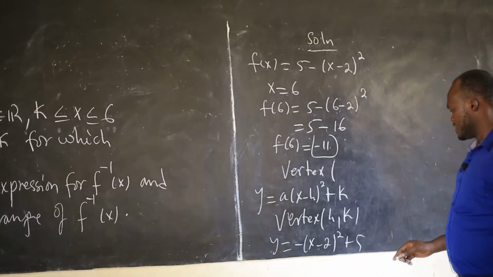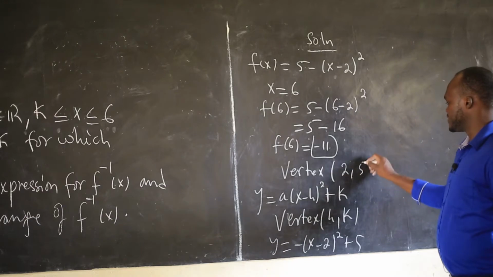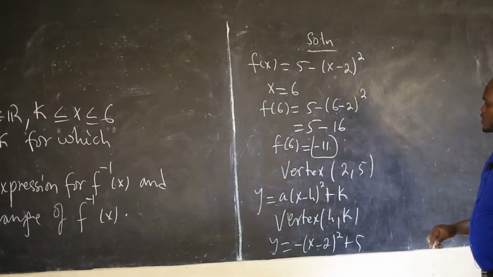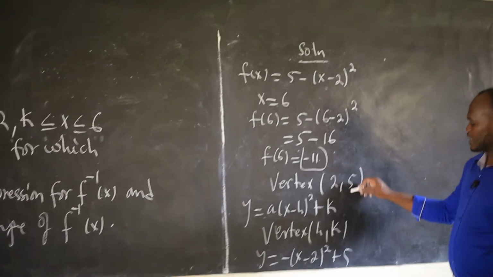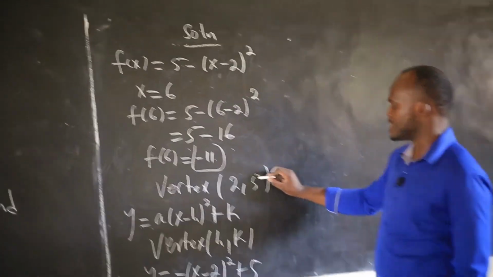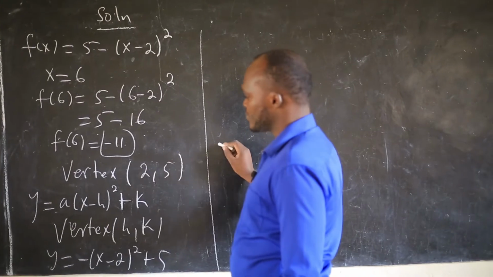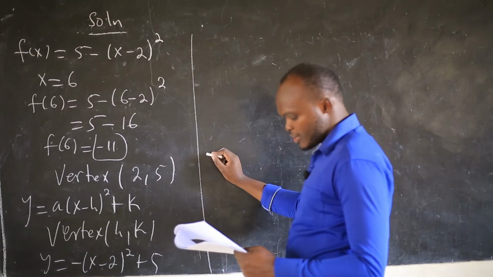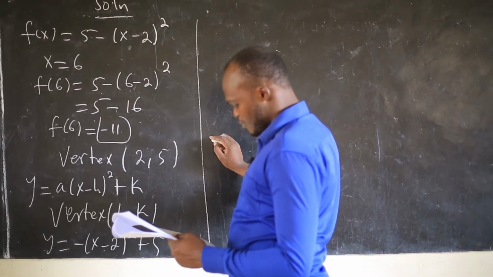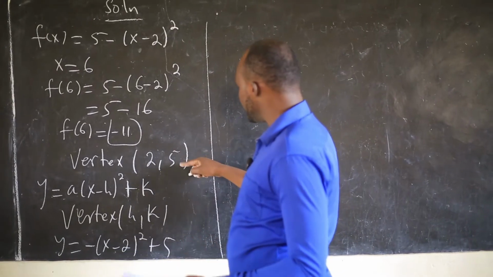So our vertex is (2, 5). That's our turning point, and the turning point is the smallest value. So which means the possible value of k is 5? Our possible value of k will be what?